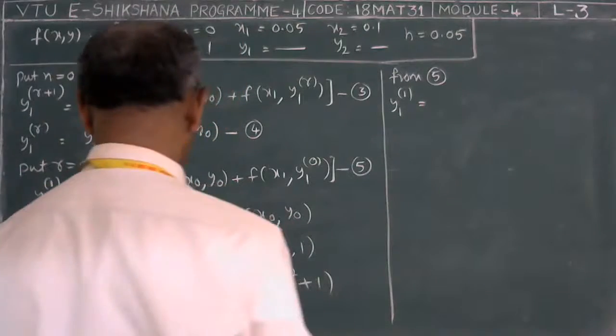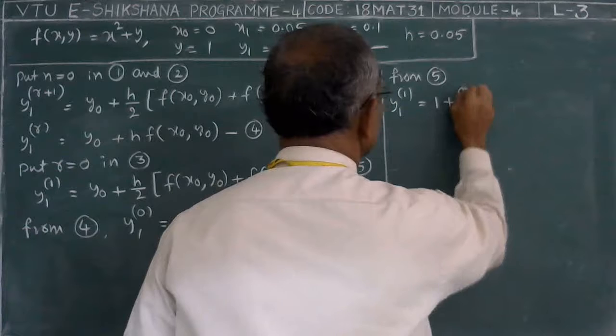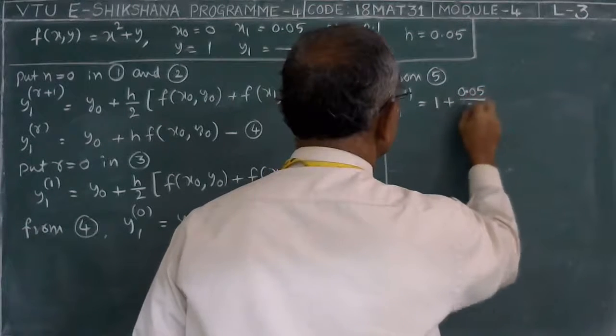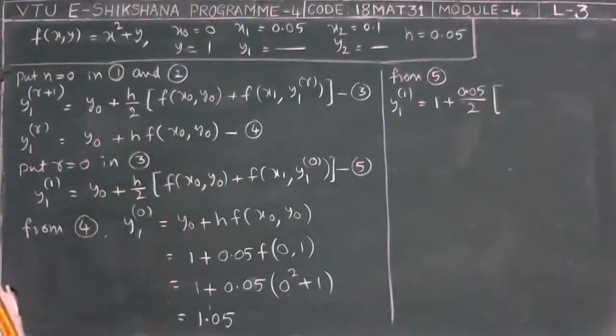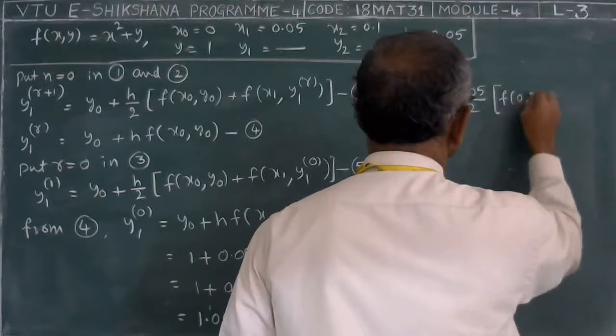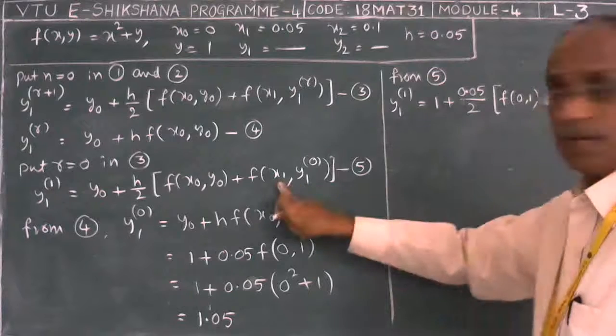What is y naught? Y naught is 1 plus h, 0.05 divided by 2, into f of x naught comma y naught, that is f of 0 comma 1, plus f of x1.